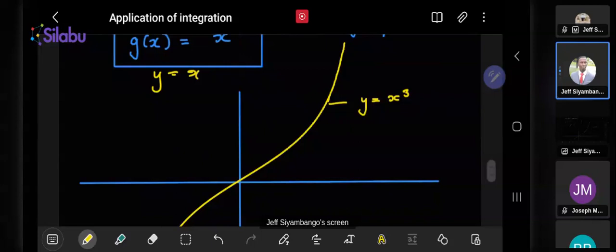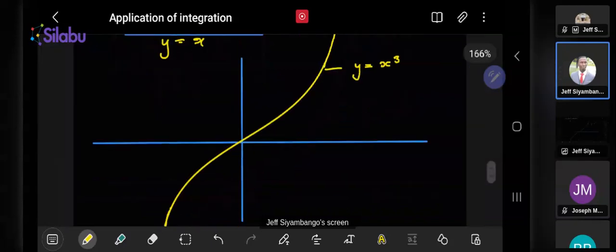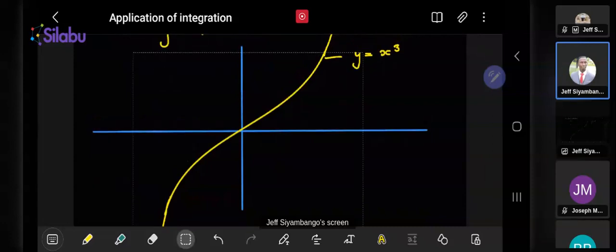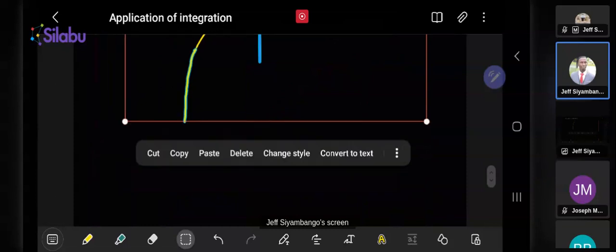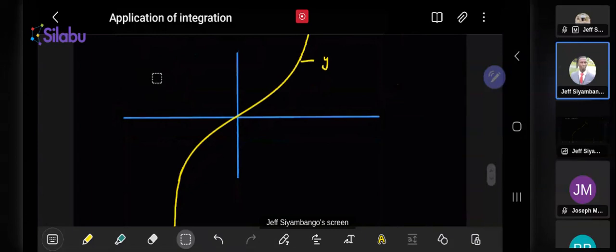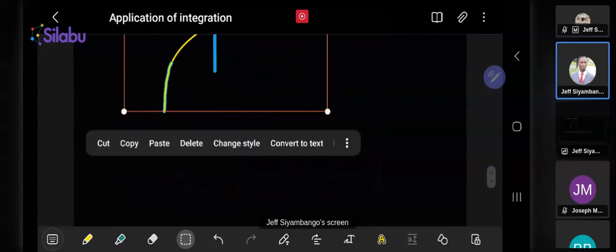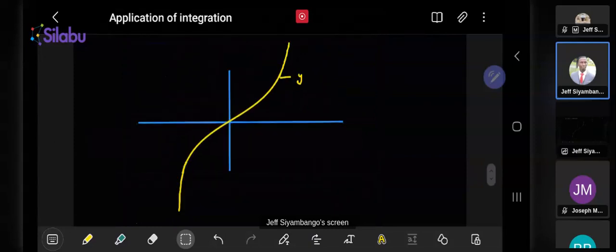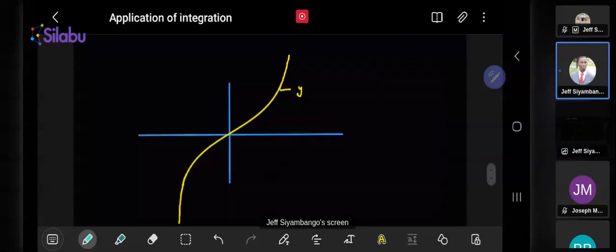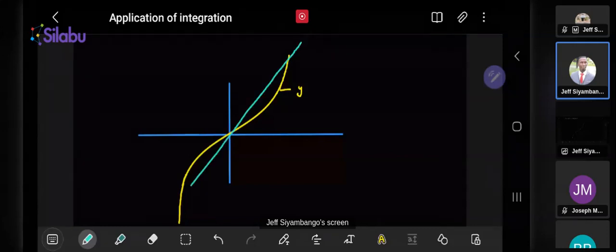So when I now draw my graph y equals x, or g of x equals x, we know it's a line that passes right through that point. So we get something like this.